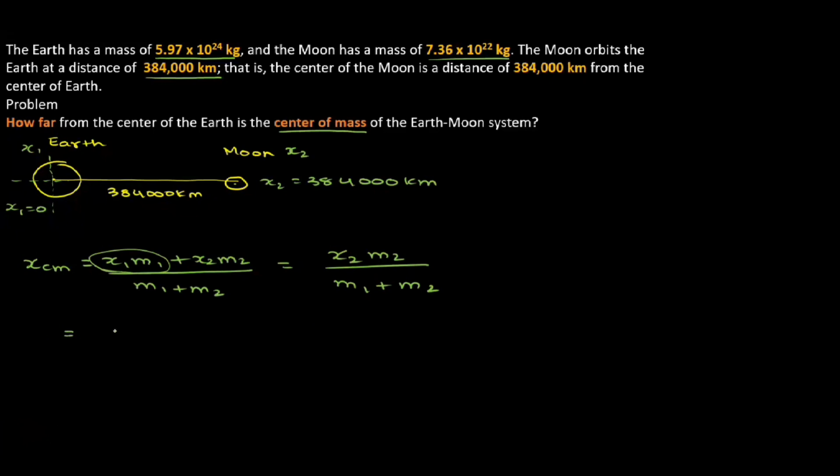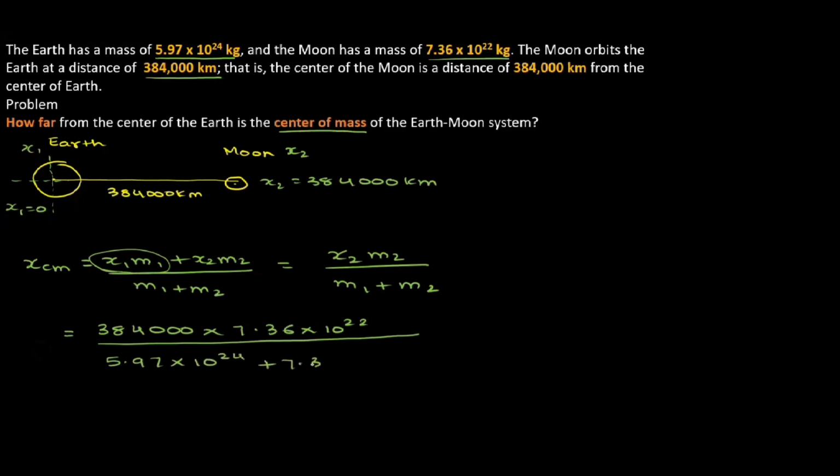We get x2, the position of the Moon, which is 384,000 kilometers, times mass of the Moon, which is 7.36 times 10 to the power 22 kilogram, divided by mass of the Earth, which is 5.97 times 10 to the power 24, plus mass of the Moon, again 7.36 times 10 to the power 22 kilogram.